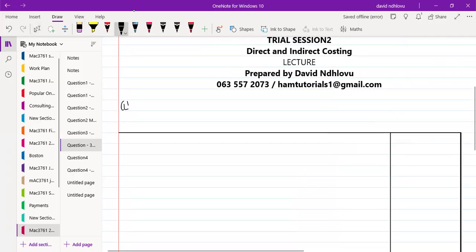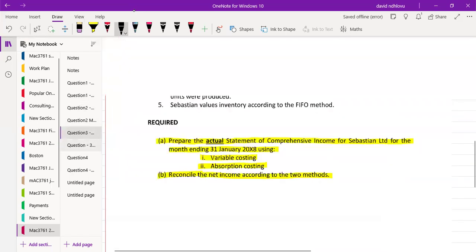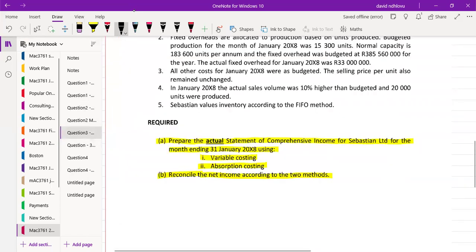Right, so we want to do the income statement, for the month ending 31 January 20x8.